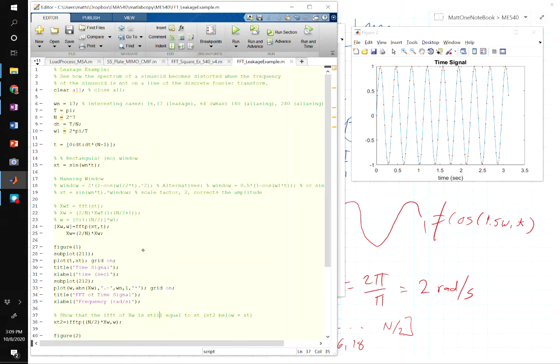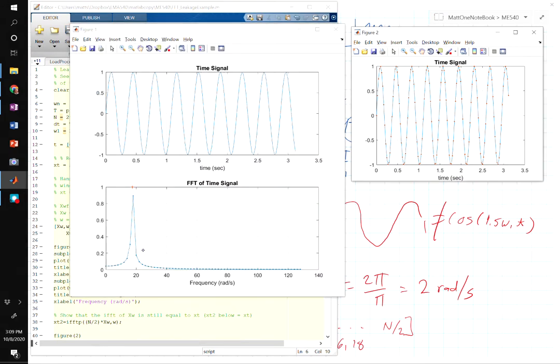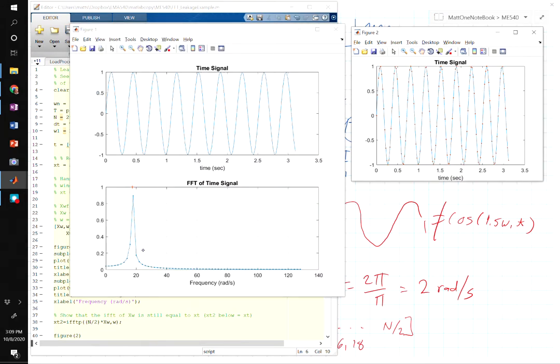You could play around with this. If we get a little closer to one side, you can see that the amplitude error is less bad, but there still is some amount of leakage.